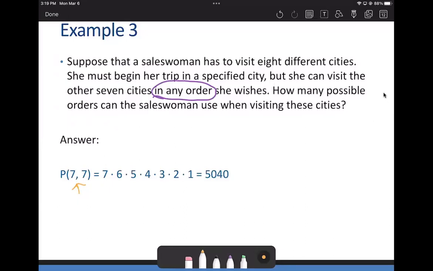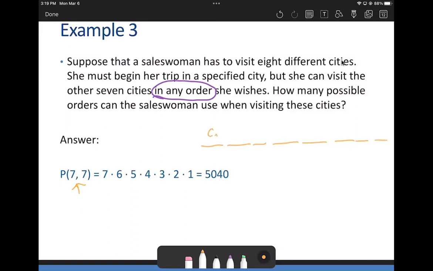Alvin, why is it a permutation of 7 taken 7? In any order? Because we have 8 cities: 1, 2, 3, 4, 5, 6, 7, 8.